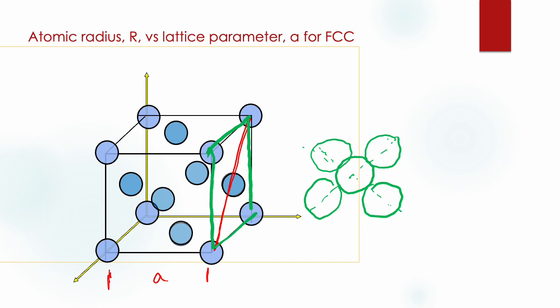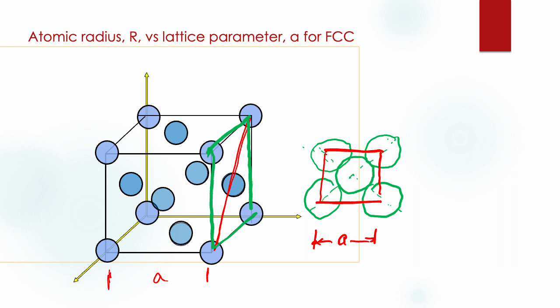Here we go. So that would be the same as any of the faces on the crystal structure. So this is the face. And we know that the length of any side is equal to a.